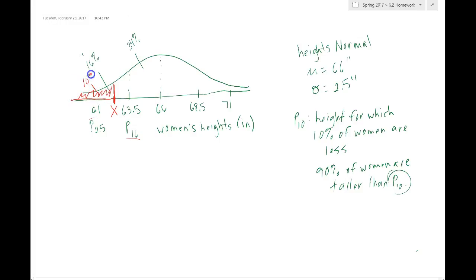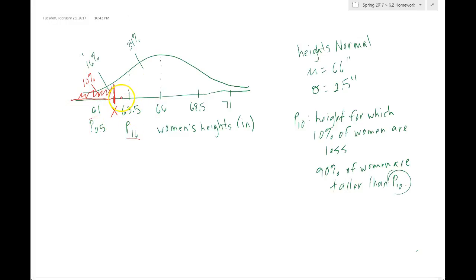The green are benchmarks for the empirical rule. The red is the actual probability that I know: 10% of women have heights less than whatever this height is. Right now I can tell you that this height is between 61 and 63.5.